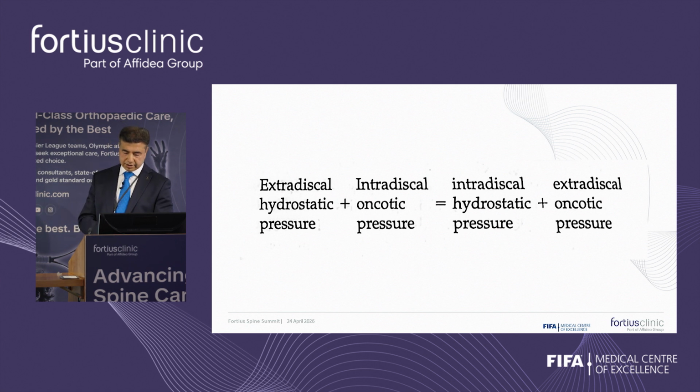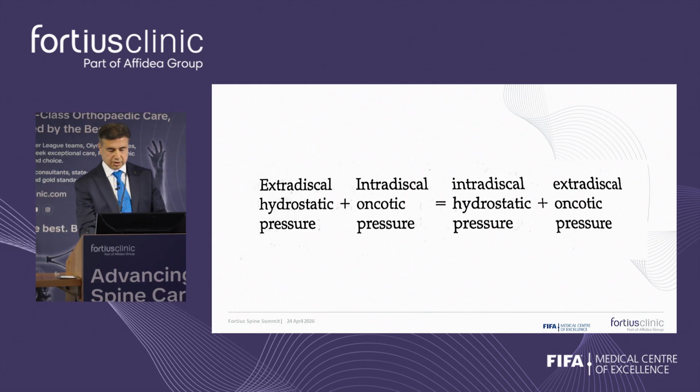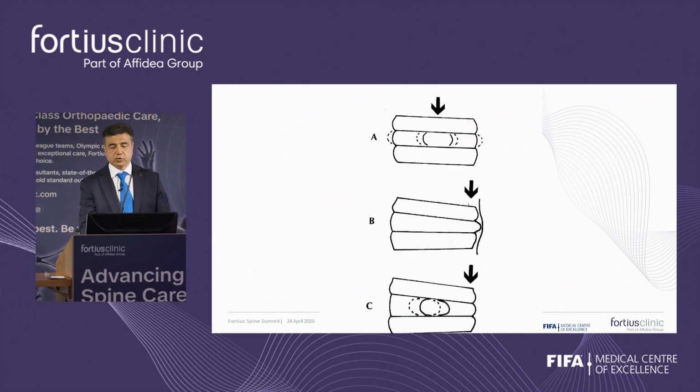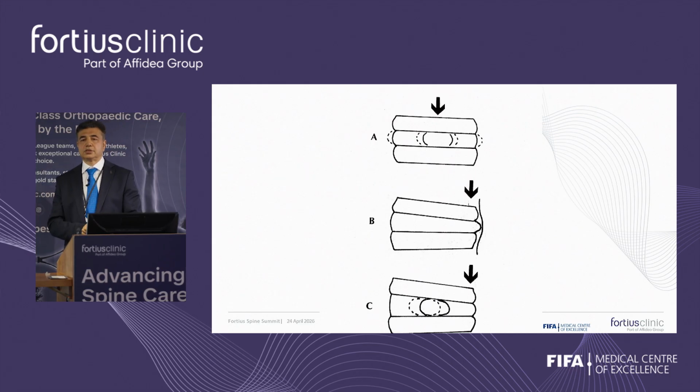And at a certain stage in our life, as we degenerate due to constant loading, or if there is any eccentric weight, our nucleus pulposus starts degenerating. And when it starts degenerating, it cannot properly distribute the weight front, back, or side to side.